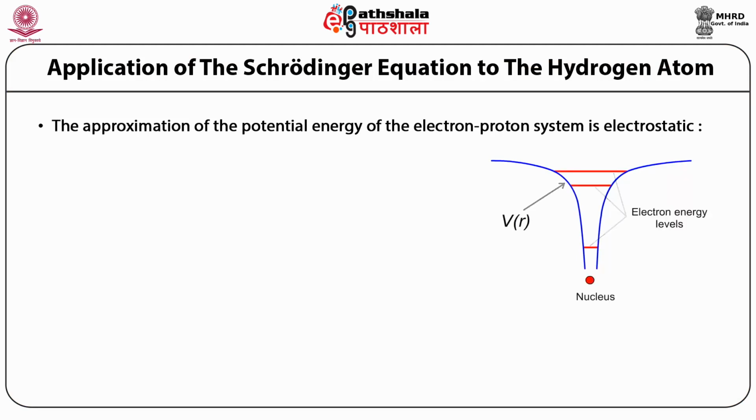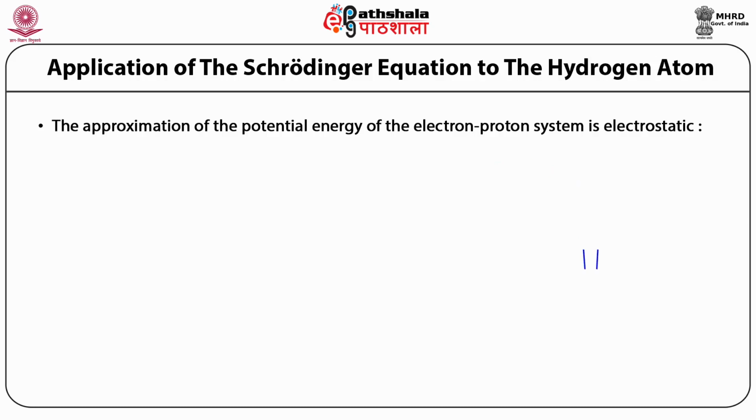Hydrogen is the simplest element. So students, one requires accurate calculations of the electronic structure. There is an electron and a positively charged nucleus comprised of a single proton.